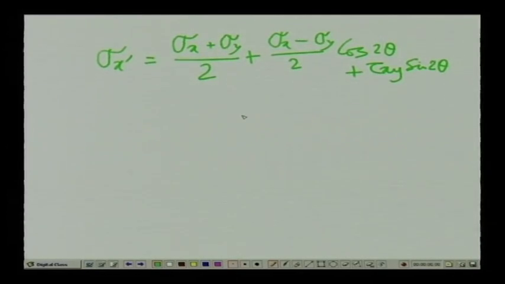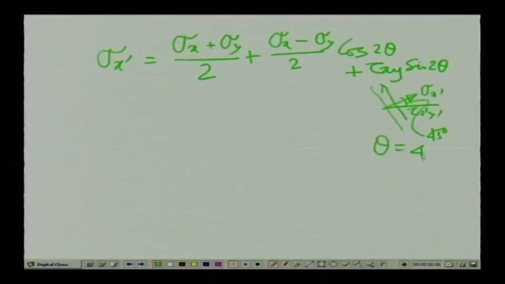In this problem, the stress on the inclined plane is given, which are sigma x dashed and tau x dashed y dashed, and the normal to this plane is at an angle of 45 degrees. So theta here is 45 degrees, thereby 2 theta is 90 degrees.